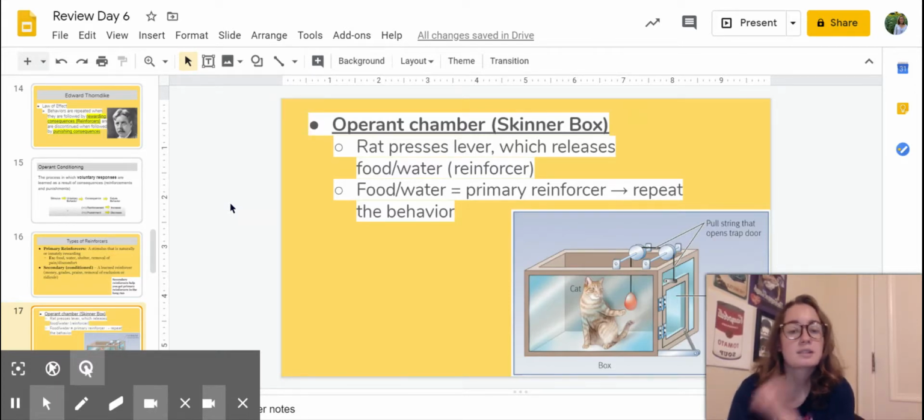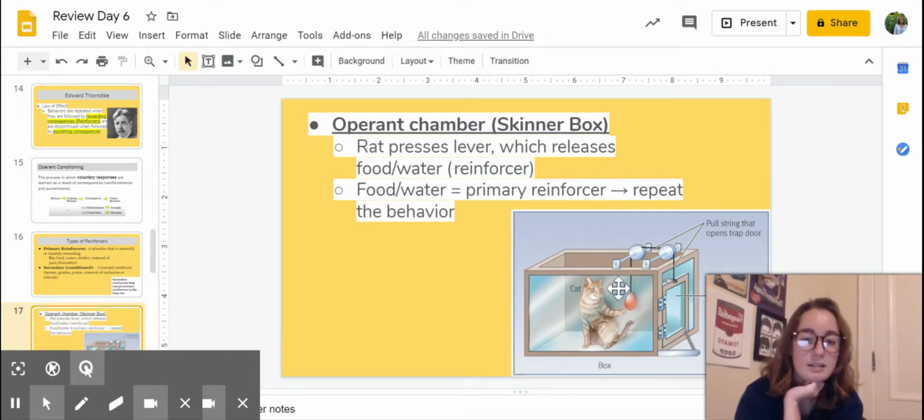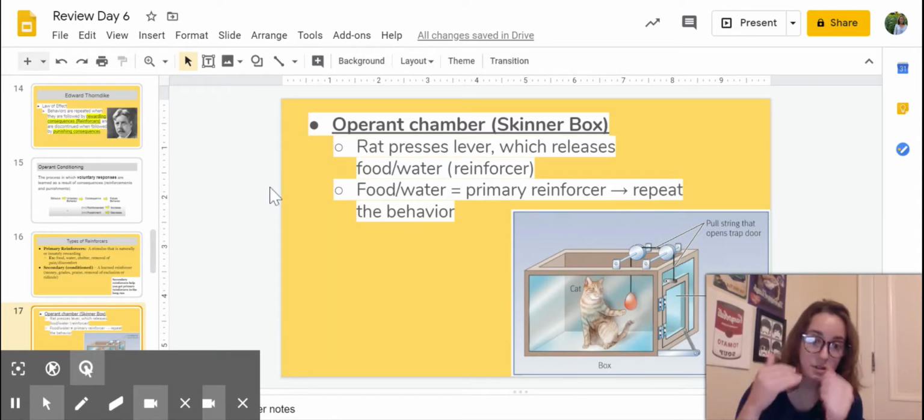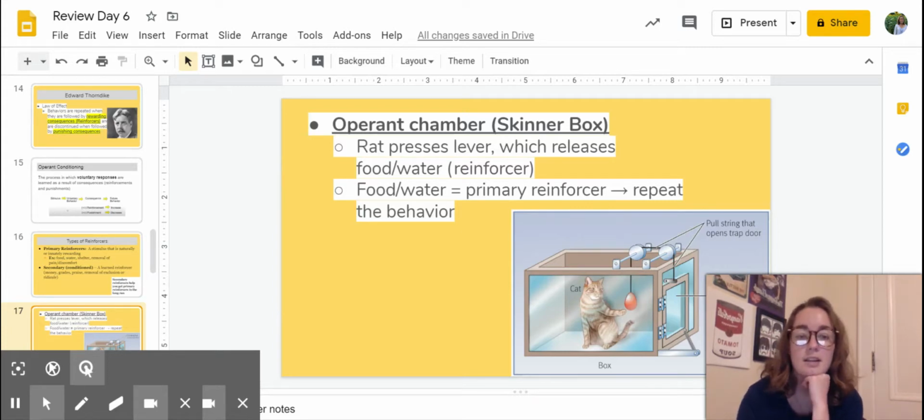So how it works is the rat is going to press a lever here, and that's going to release some kind of food or water, right? Just a primary reinforcer. And the little cat or rat, as we have in here, is going to discover, through associative learning, okay, the lever results in my reinforcer of food or water.